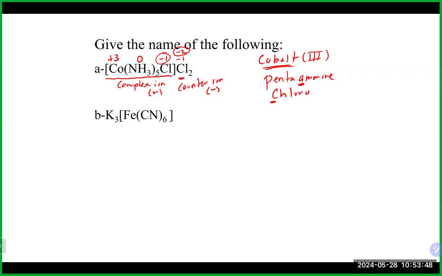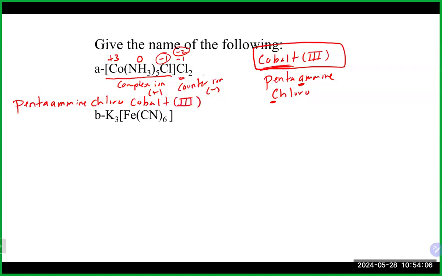So A before C. And we will start with our pentaammine, chlorido. Again, the metal coming at the end of the complex ion name. Cobalt, Roman numeral 3. And here we will name our counter ion like normal. And again, doesn't matter how many you have of them. That would be a little chloride action happening there. Any questions on that name there?